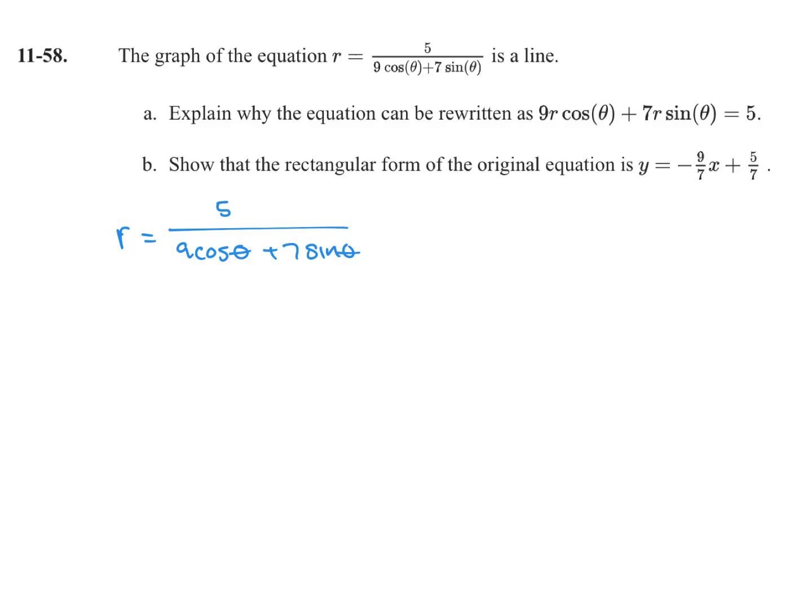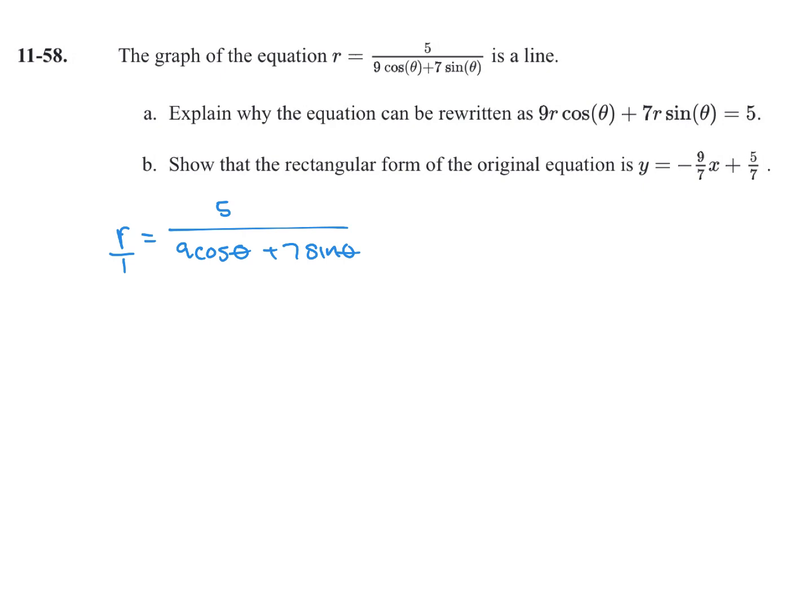1158. So the graph of that equation is actually a line. And letter A, explain why the equation can be rewritten as 9r cosine theta plus 7r sine theta equals 5. Well, hopefully you understand that this is a proportion, or a ratio that equals a ratio, so the cross products are equal.